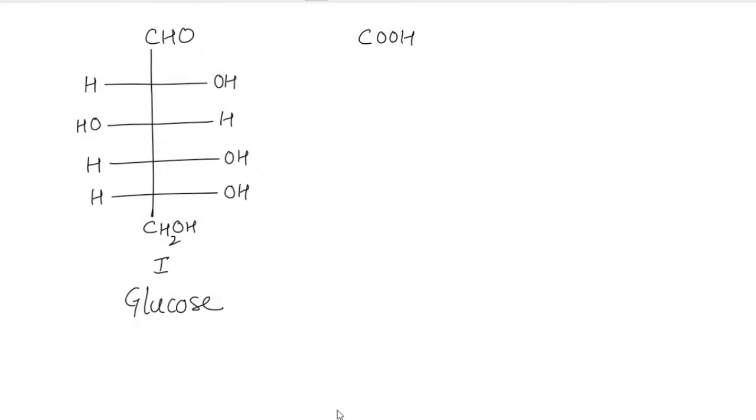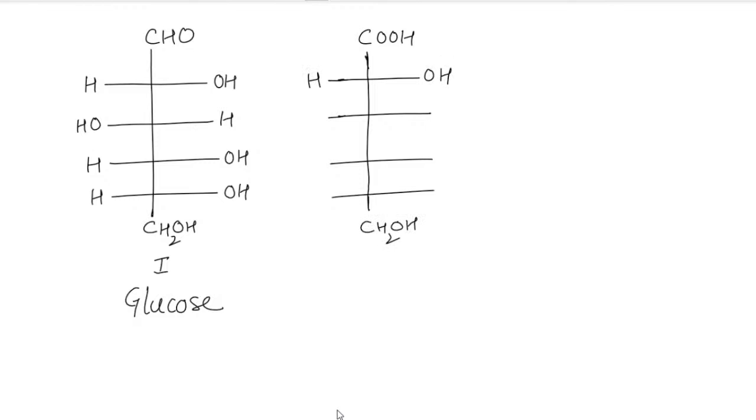And you know in gluconic acid obviously CHO changes into COOH and the rest of the part remains the same. H, OH, OH, H, H, OH, H, OH.